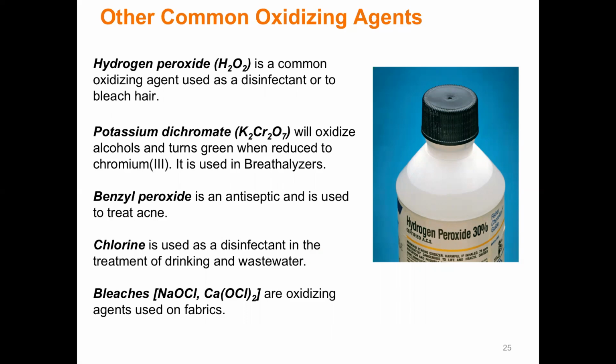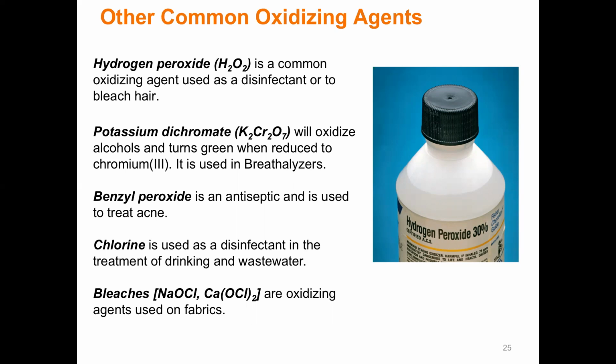Potassium dichromate, it's not as common in your house, but it will oxidize alcohol and turn green. So it's used in a breathalyzer. And the greenness can then be used, I assume, to calculate how much alcohol you have in your breath. Benzoyl peroxide is an antiseptic, and also used to treat acne, because it kills the bacteria.